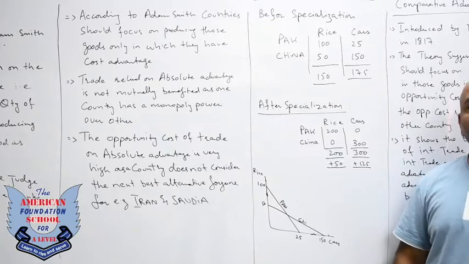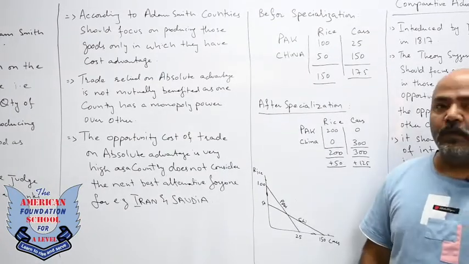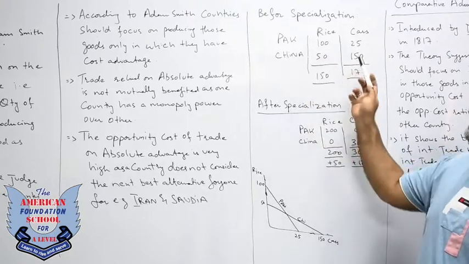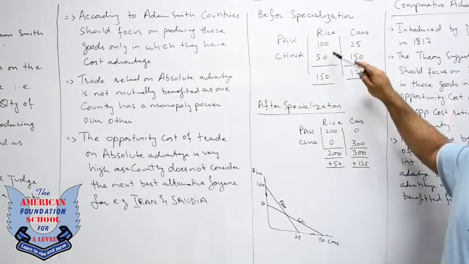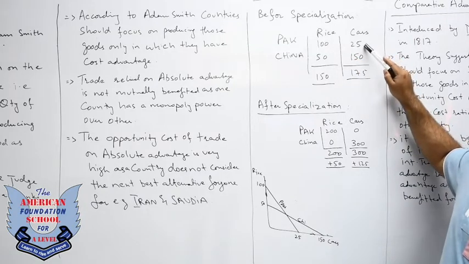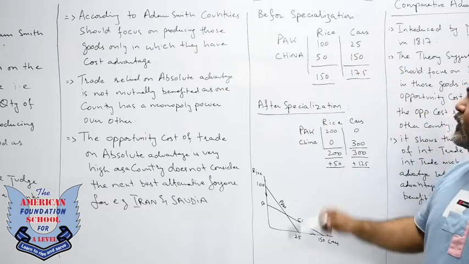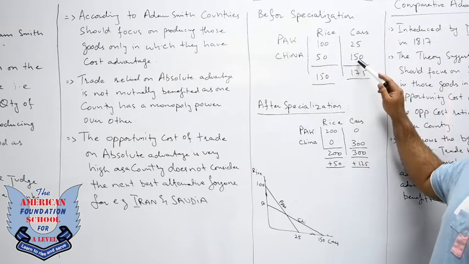Now students, we can look at the calculation of absolute advantage. According to this table, before specialization, Pakistan was producing 100 units of rice and 25 units of cars. With the same set of resources, China is producing 50 units of rice and 150 units of cars.